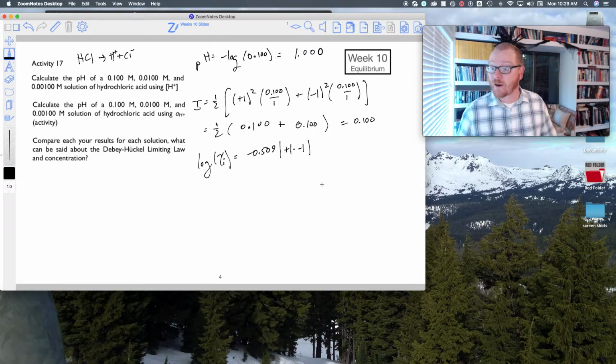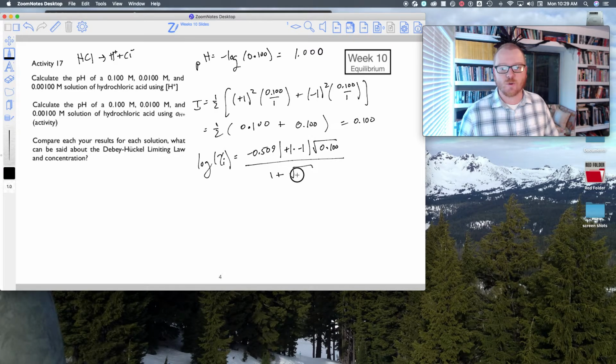But if it were a divalent cation, it would be a significant difference. And now that's times the square root of 0.100, okay? And this is now all divided by 1 plus the square root of 0.100, okay?